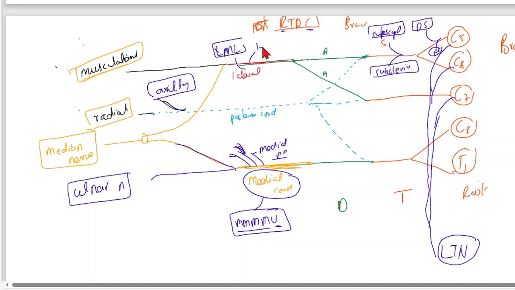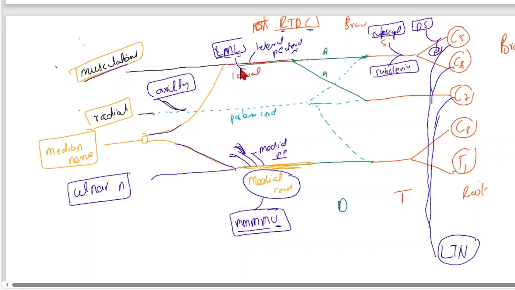First is the lateral pectoral nerve, and another is the lateral root of the median nerve, one branch from the lateral cord. Another is the musculocutaneous nerve. So lateral pectoral nerve, musculocutaneous nerve, and lateral root of the median nerve.